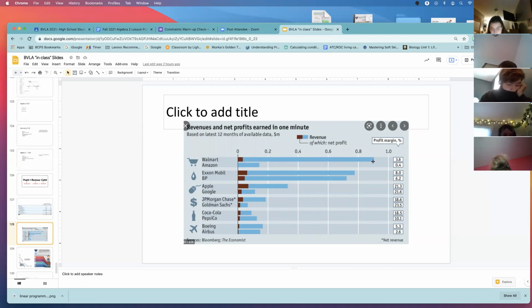In revenue, they're making almost $1 million a minute. Walmart does $1 million in sales, but that revenue isn't their profit. Their profit is much less because they have to subtract away their costs. You think about that. A company makes almost $1 million in revenue a minute.